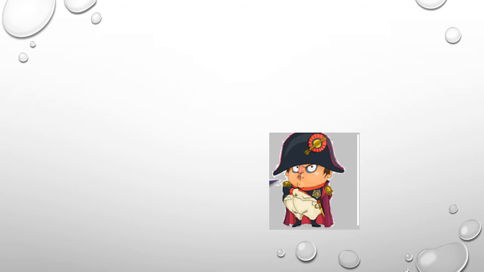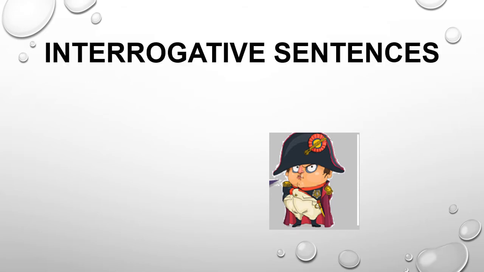Moving on, what can you see in front of you? We can see a big question mark and lots of WH questions like when, where, who, why, right? So can you guess what type of sentence is coming up next? The next sentence type is interrogative sentences.